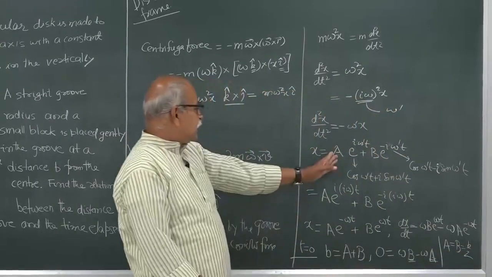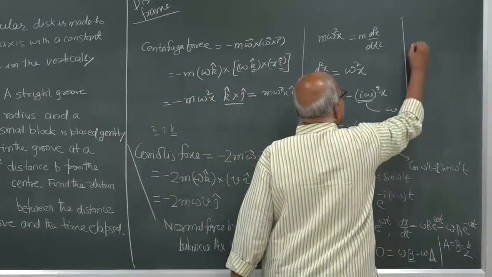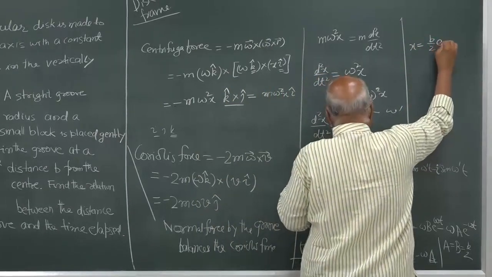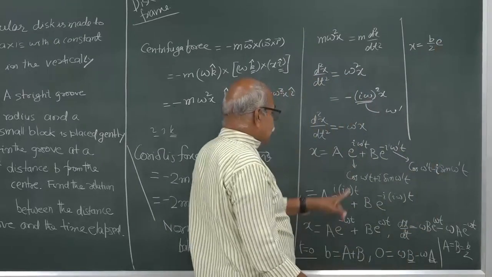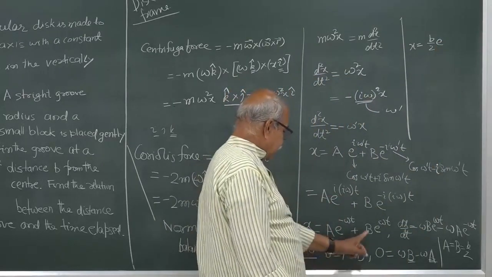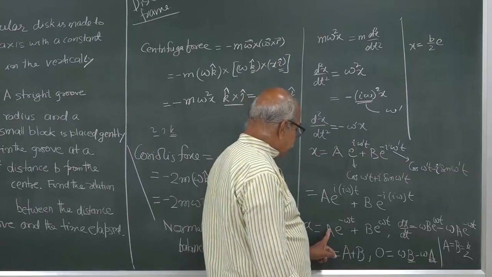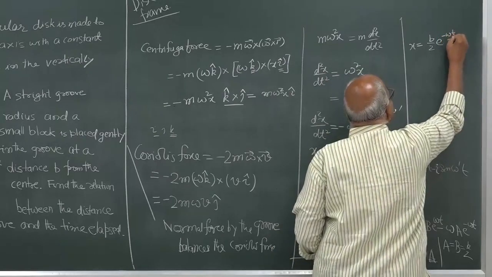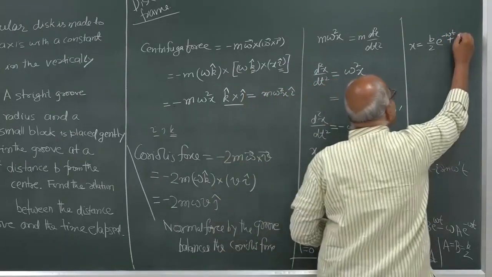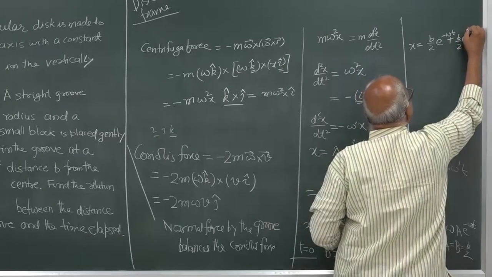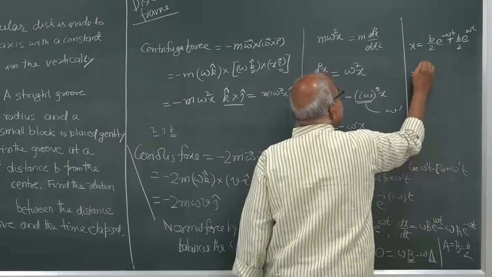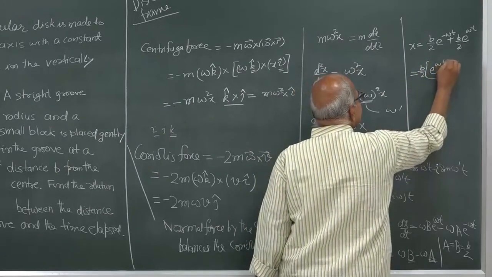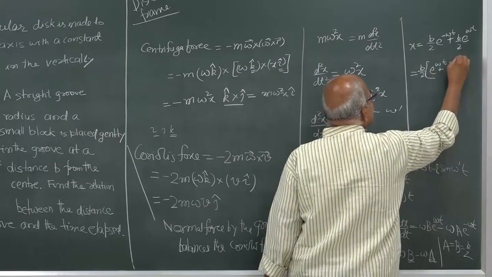Place it here and you get your answer. x is equal to b by 2 e to the power minus omega t plus b by 2 e to the power omega t. So that is it: b by 2 times e to the power omega t plus e to the power minus omega t.